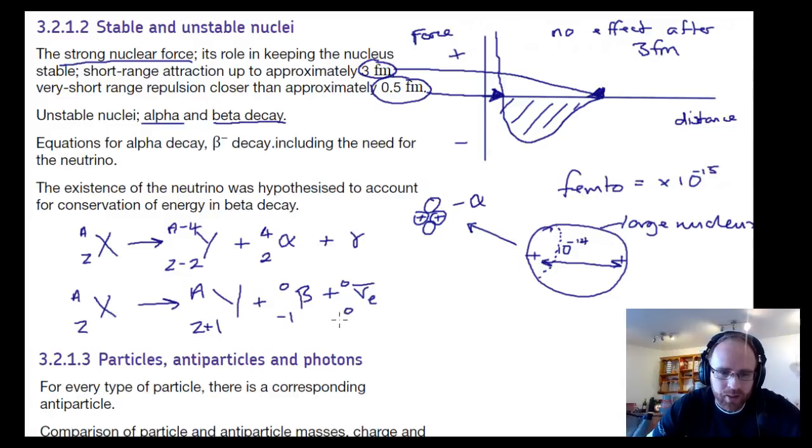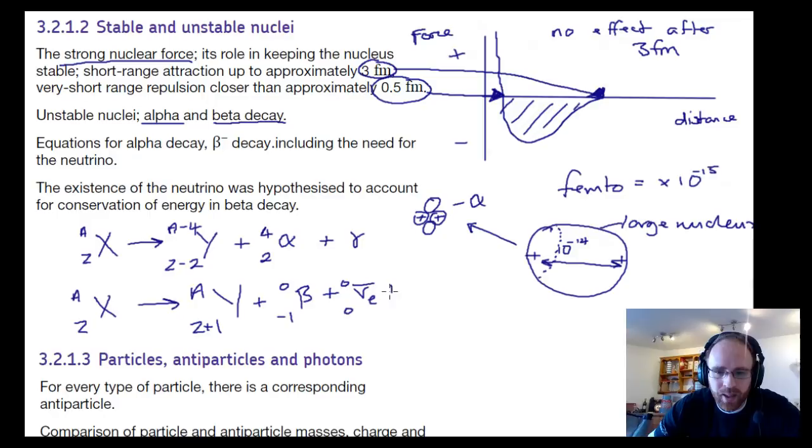They do a couple of things for us. They conserve lepton number. So we've made what's called a lepton. But we can't create leptons without creating anti-leptons. In the same way we have to conserve charge, we have to conserve lepton number. So we have to have an anti-lepton to cancel out the lepton. We'll talk about that a bit more later.